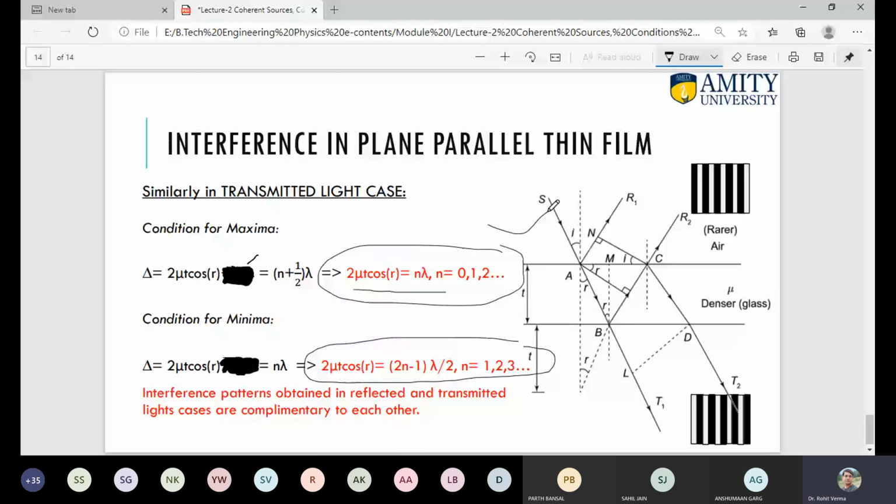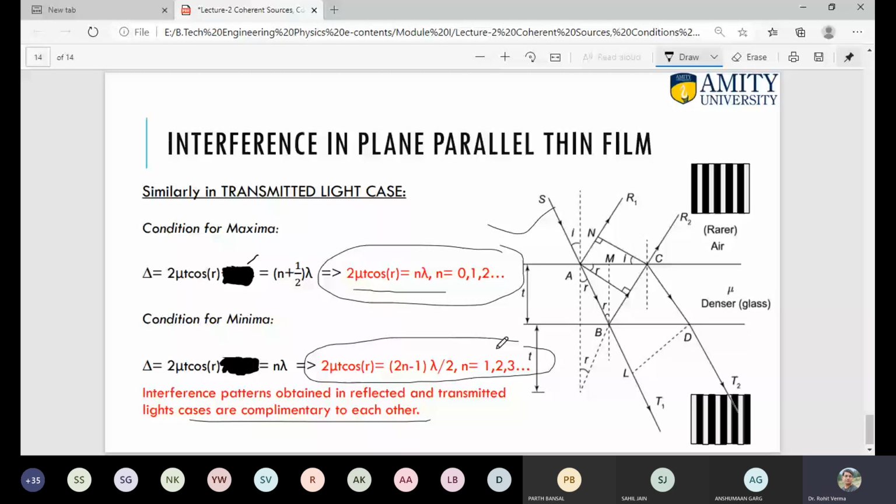So you can say the phenomena of interference of light in thin films, in reflected light and in transmitted light, are complementary to each other. The condition for constructive interference in the case of reflected light is the condition of destructive interference in the case of transmitted light.